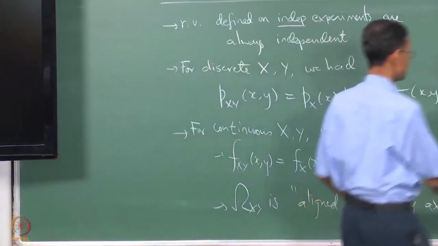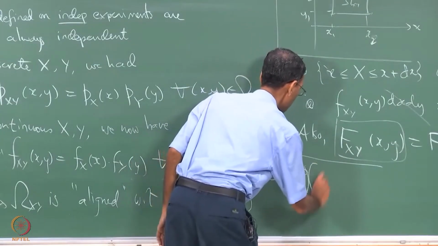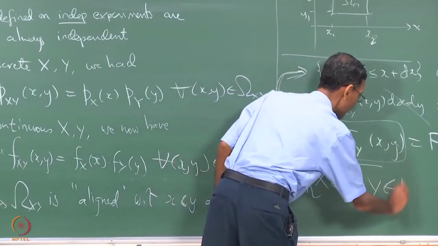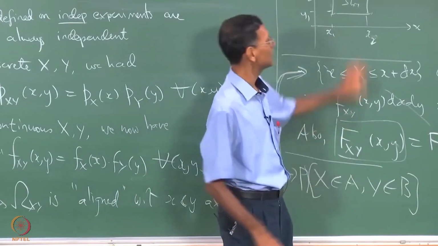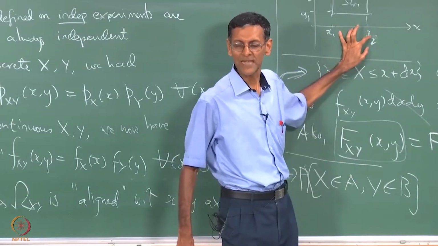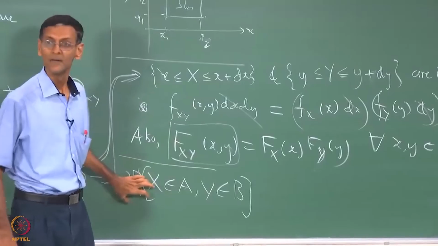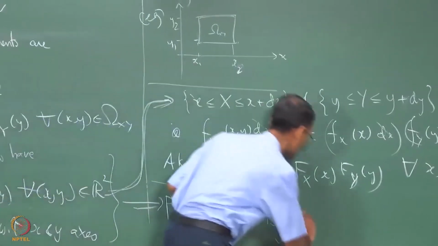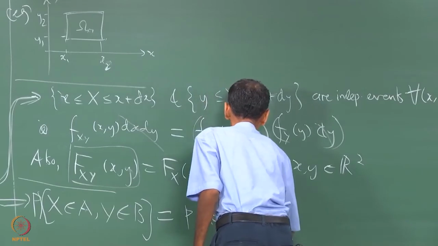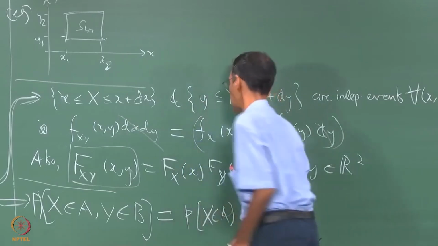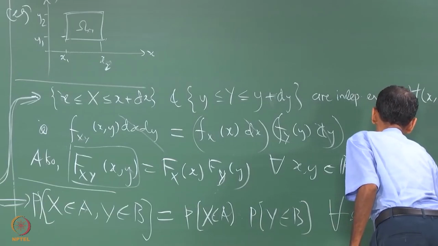So basically, the bottom line is very simple. For independent x and y, the joint probability that x takes values in some set A, which is just x element of A, just like an interval on the x axis without regard to y, and the probability that y takes some values in set B, which is some interval on the y axis without any reference to x, this will always be equal to the probability that x is element of A multiplied by the probability that y is element of B, for all sets A and B. What are these sets?